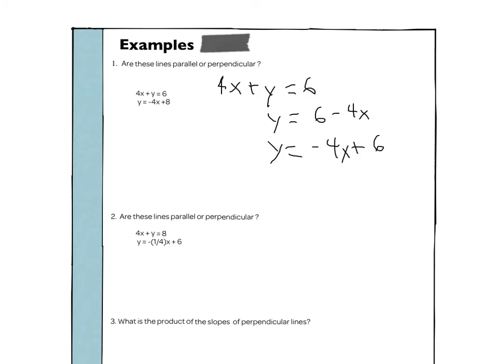First I subtract 4x from both sides, so we canceled it out. Now we have y equals 6 minus 4x, but I still want the correct form, so I need my x in front of my y-intercept. I flip it around and put my -4x in front of my 6, remembering that my 6 is positive, so it's -4x plus 6.